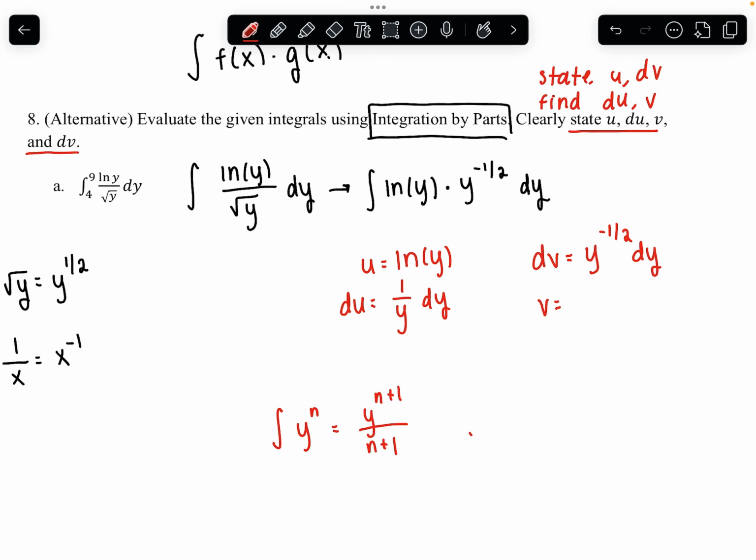Meaning the antiderivative of y to the negative 1/2 is y to the 1/2 divided by 1/2, because negative 1/2 plus 1 is 1/2.